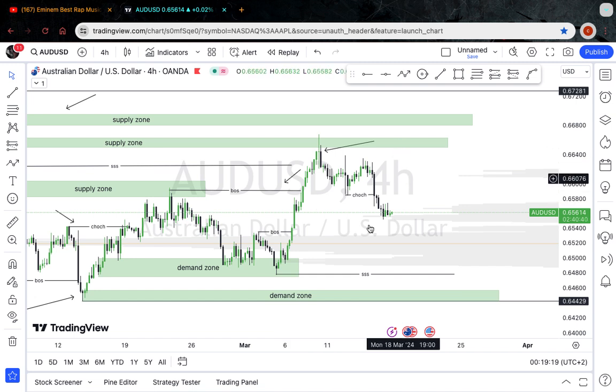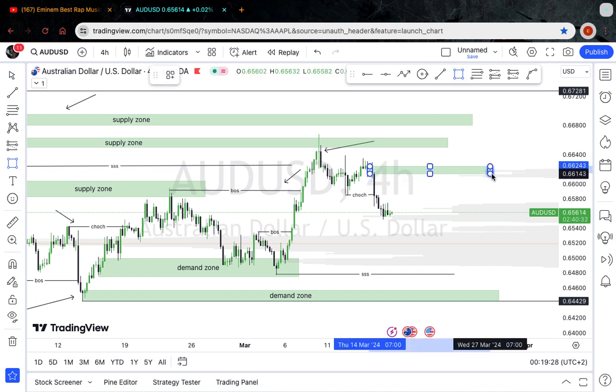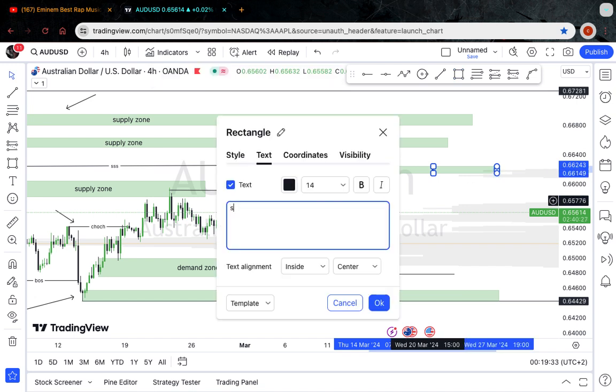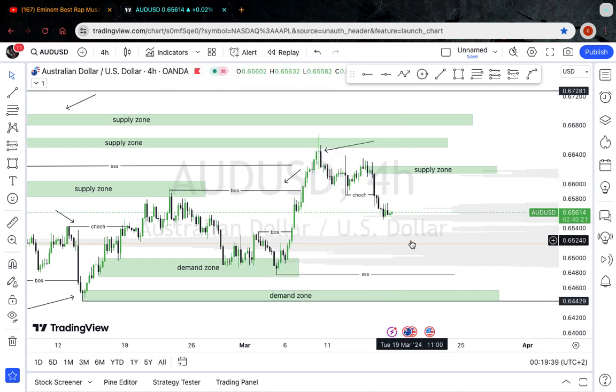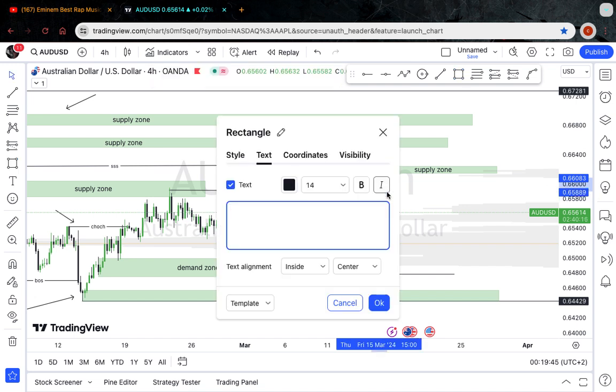And then just above this change of character, we have a fresh supply zone that was created last week Friday. Just below that supply zone, we have a fair value gap here, an FVG.